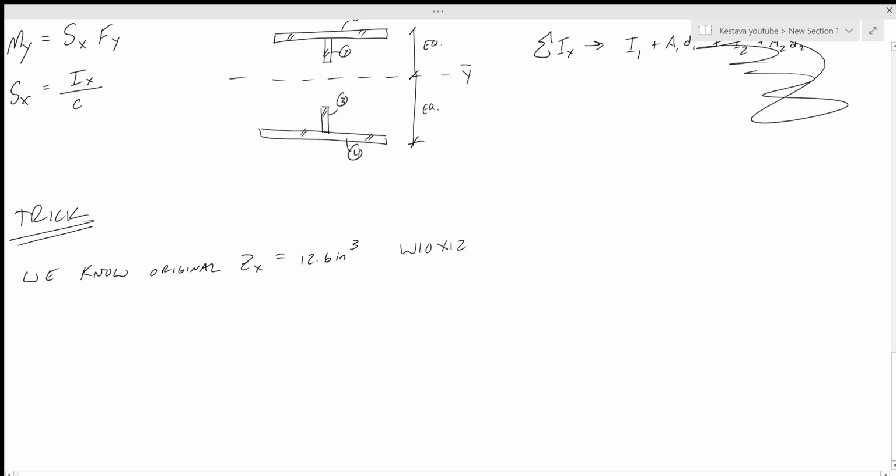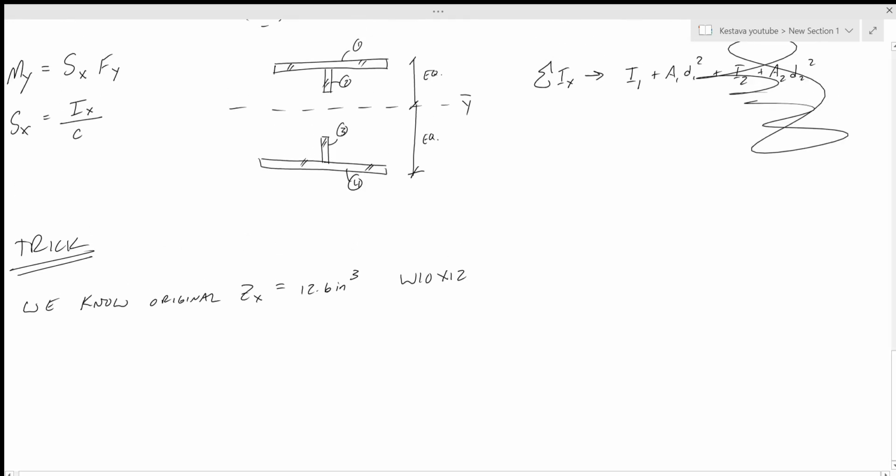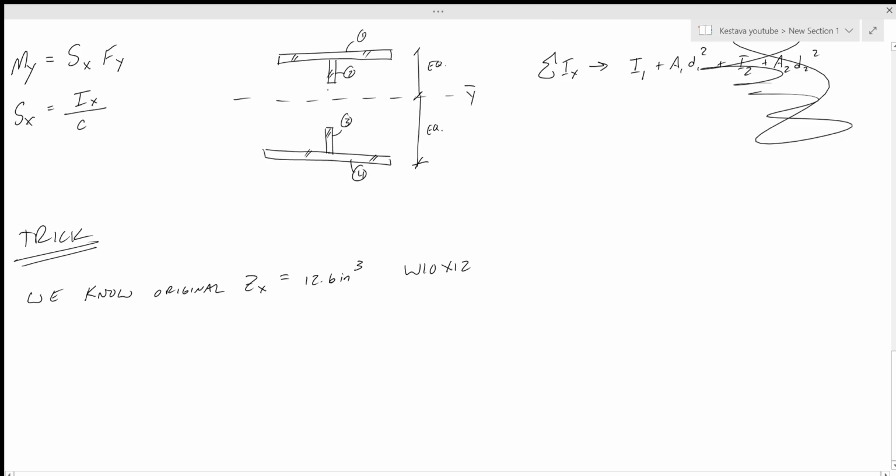So that's the unpenetrated section. So all we have to do is figure out what the Z of the section that we're removing is. What I mean by that is, what is this section right there?